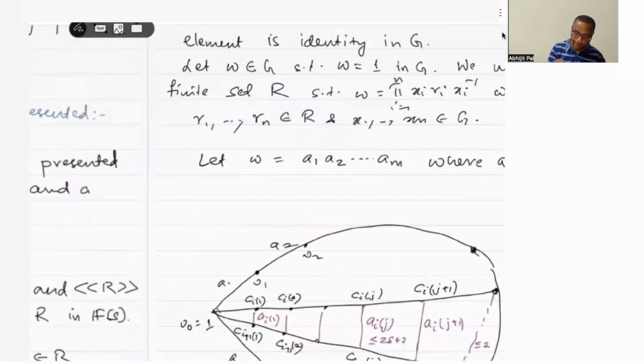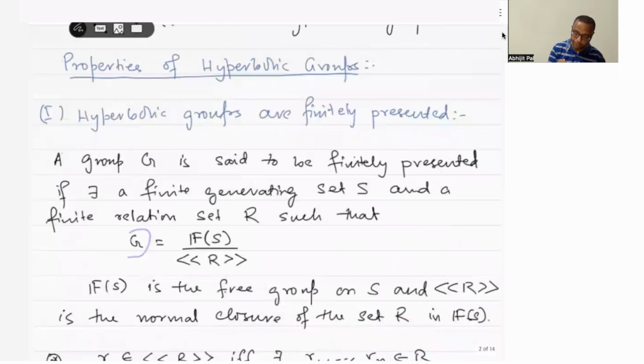If I take an identity element in G, this means that that element will belong to this normal closure.